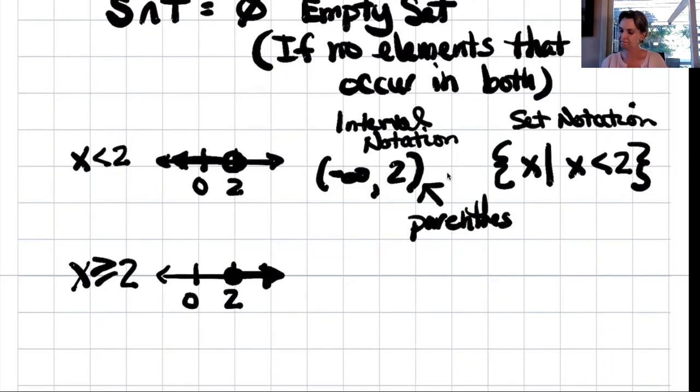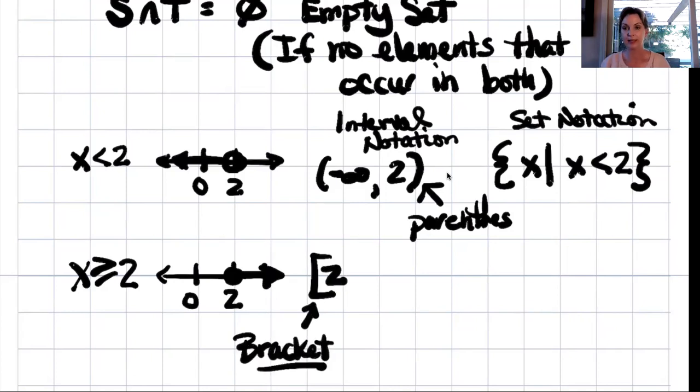Okay. All right, so interval notation. Are we going to have a parenthesis or are we going to have a bracket at the 2? In this case, you would have a bracket at the 2. The bracket means that it can equal the 2. Okay, it includes the value of 2 as opposed to the one above where it didn't actually include it.